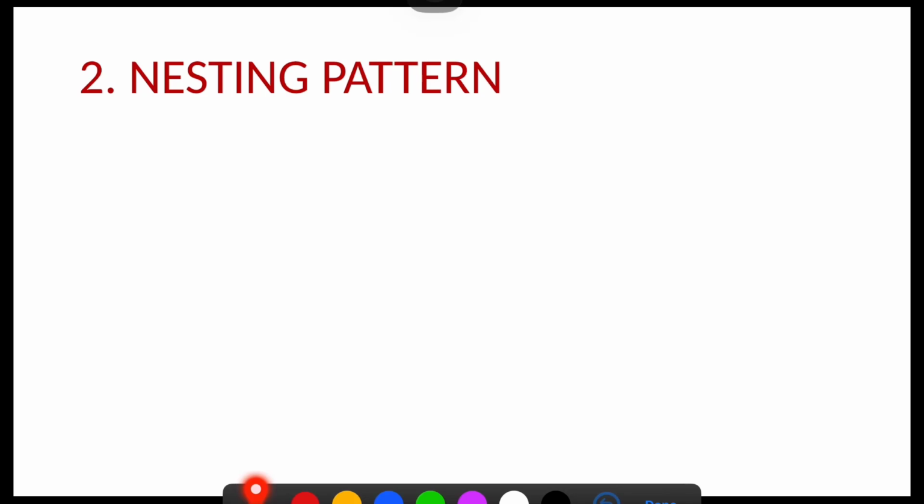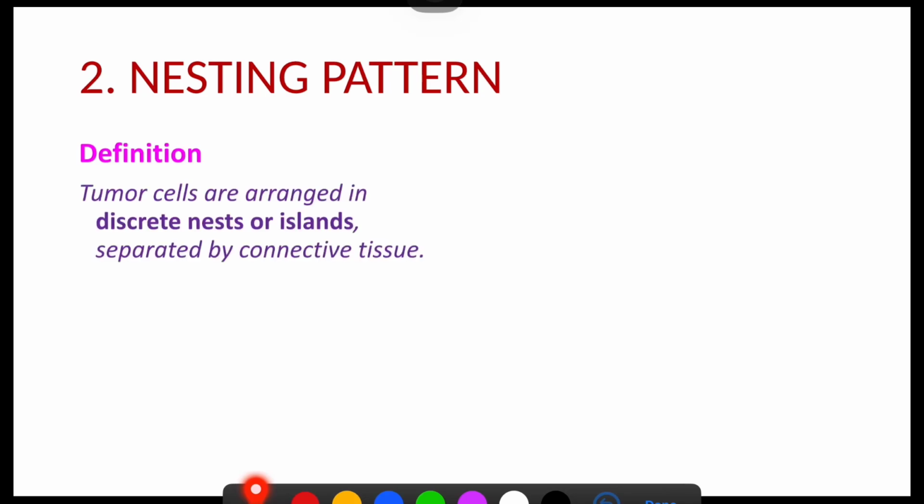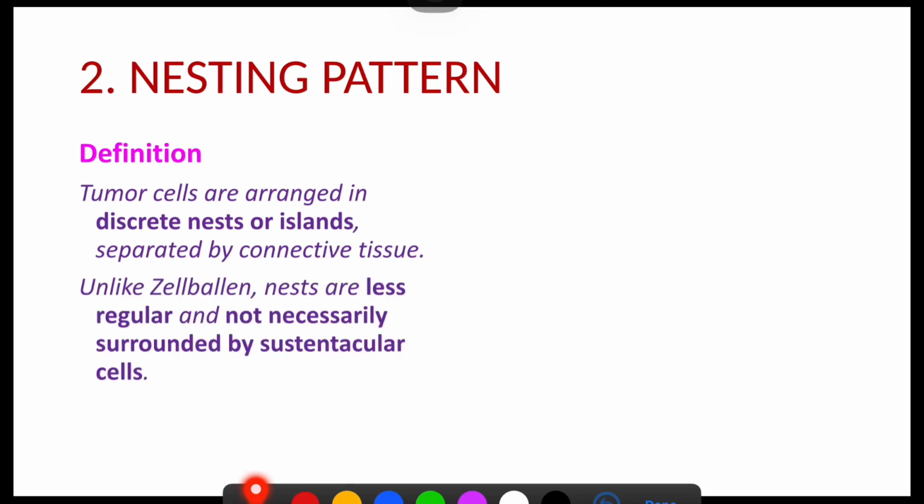Now, second is nesting pattern. By definition, nesting pattern is a pattern where tumor cells are arranged in discrete nests or islands separated by connective tissue. Unlike Zellballen, these nests are less regular and not necessarily surrounded by sustentacular cells.